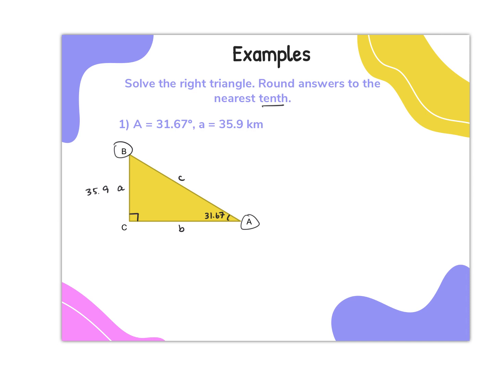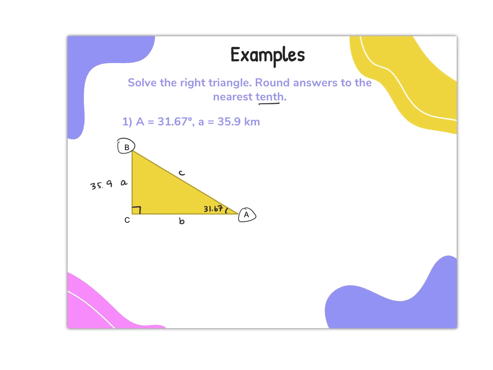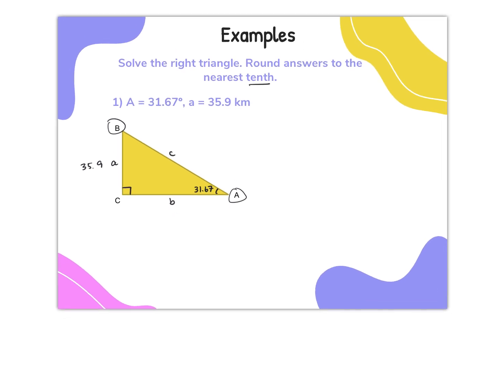So the first thing I'm going to do is solve the triangle using the angle that they gave me. I know that angle A plus angle B have to add up to 90 degrees because angle C is 90, and together that equals 180. So if angle A is 31.67 plus angle B is 90, let's sub it in.